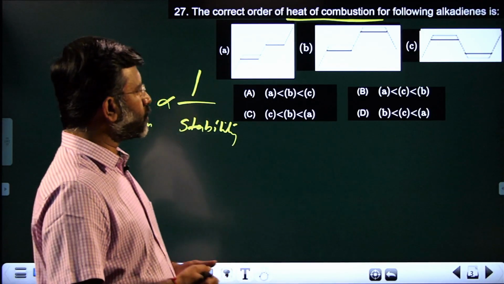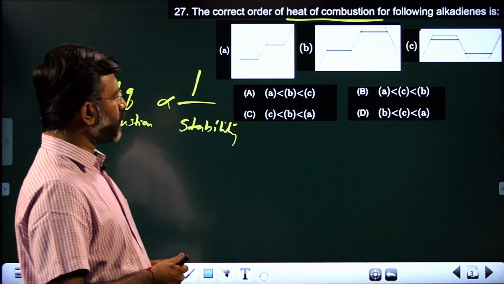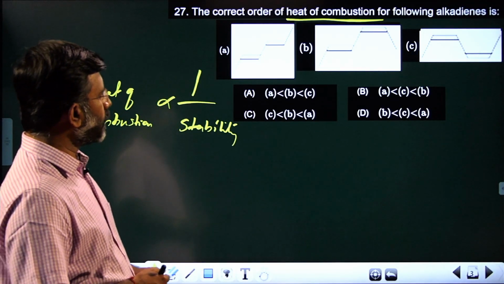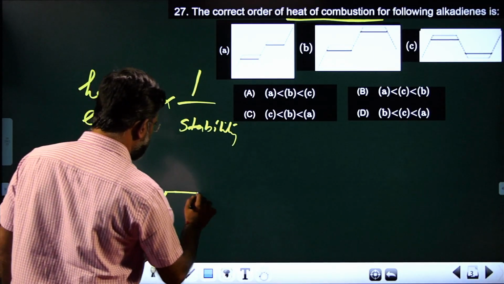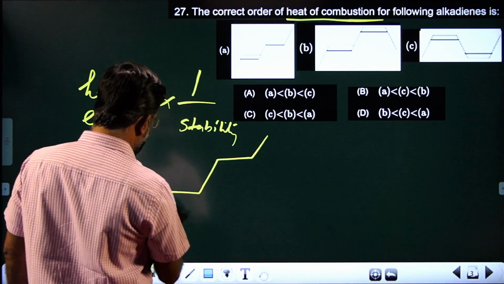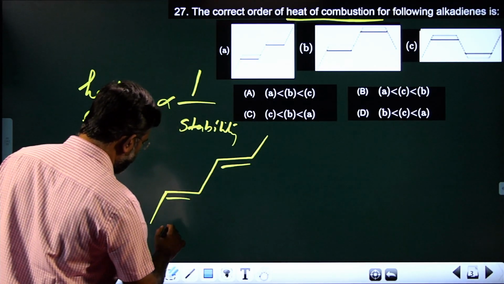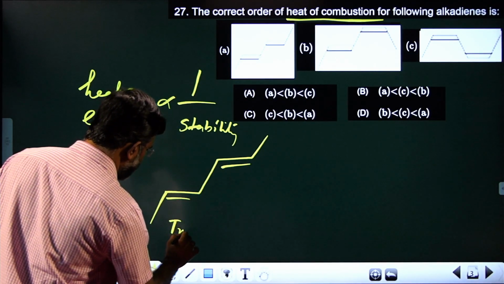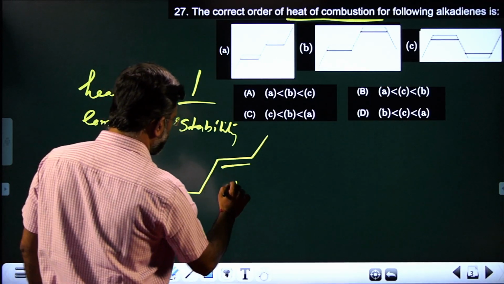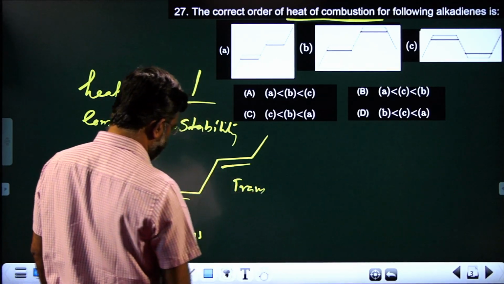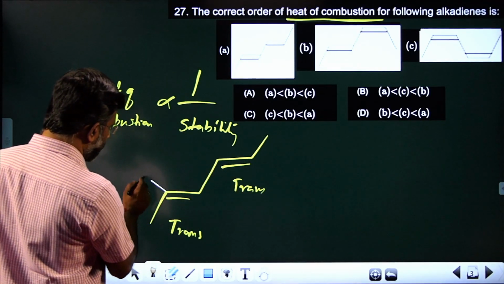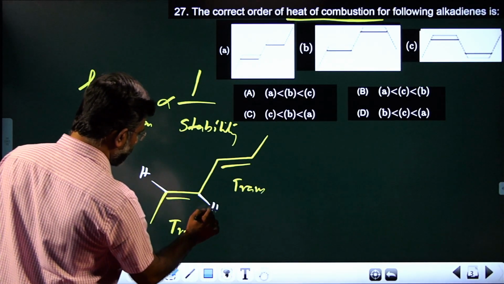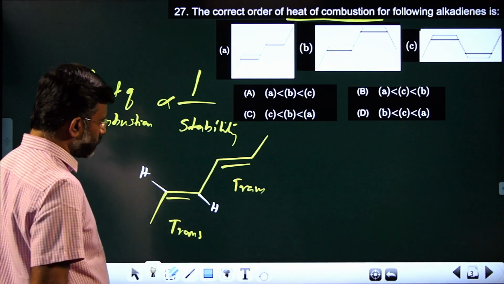So which is more stable? You can understand option A, which is the diagram given like this. This is a completely trans product. Here it is trans and here it is also trans. Hydrogen here and hydrogen here, the bulky group is on the opposite side.